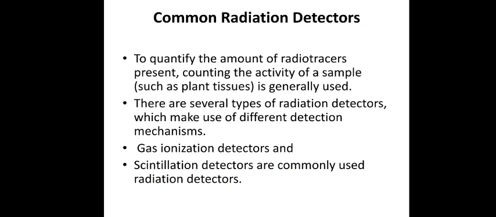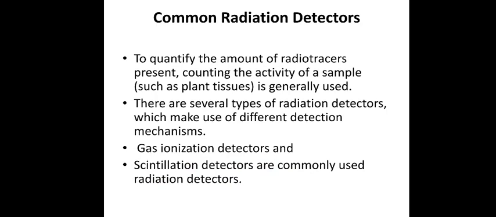And you remove the excess of the radioactive element. After this, you try to quantify the radioactive element that is present in the sample, which is directly proportional to the chemical of your interest, because the radioactive element is only going to bind to the complementary element, it won't bind to anything else. So if you are using a radioactive element, it should be complementary to the chemical of your interest.